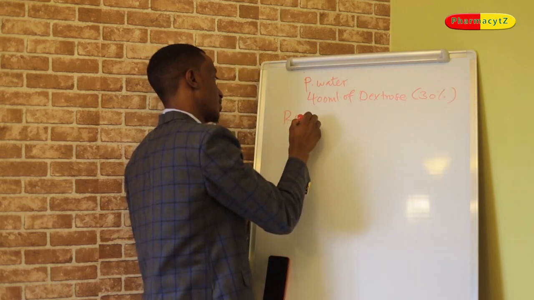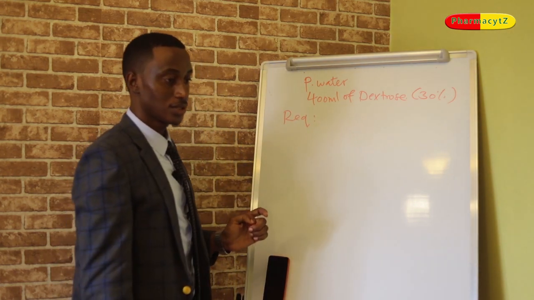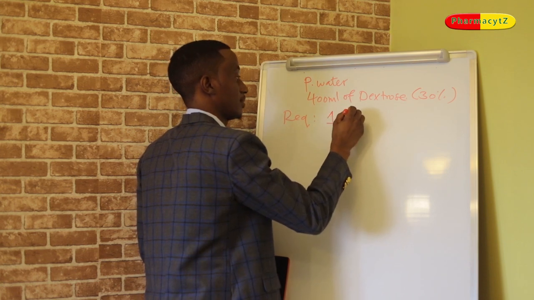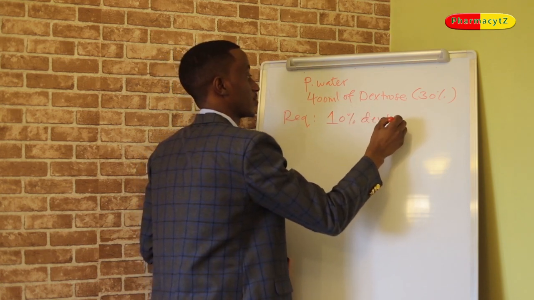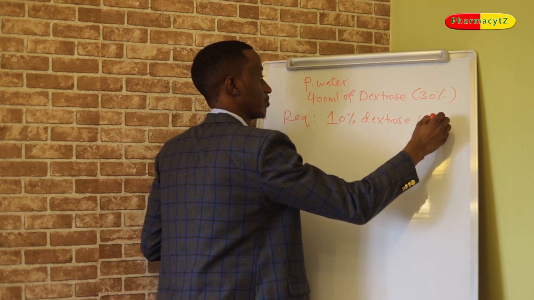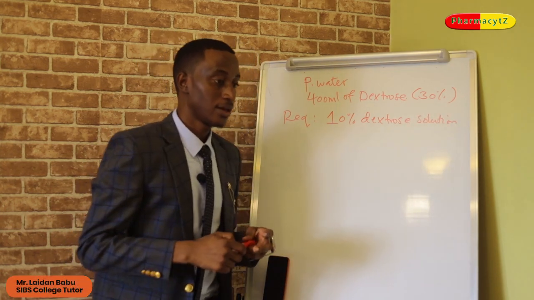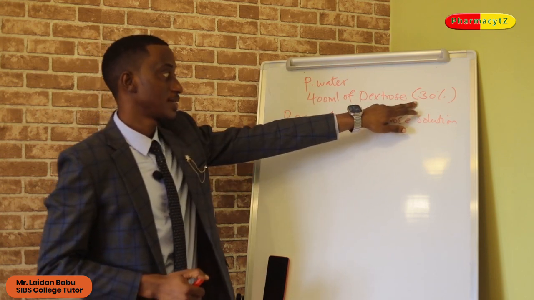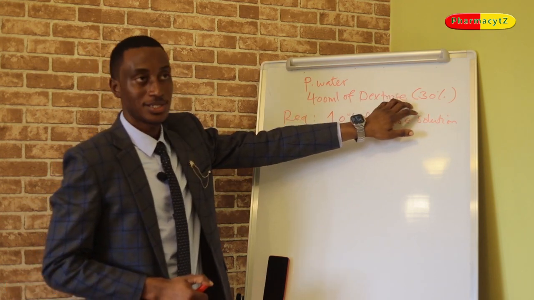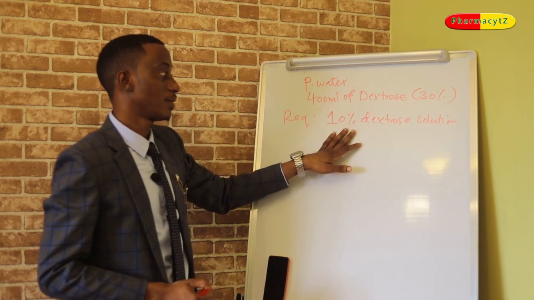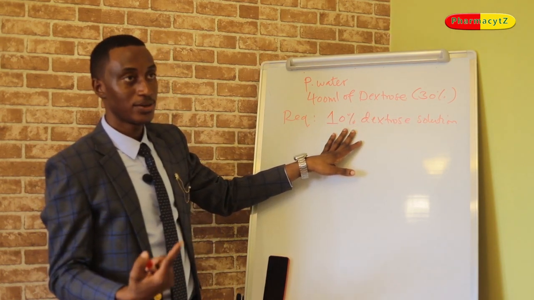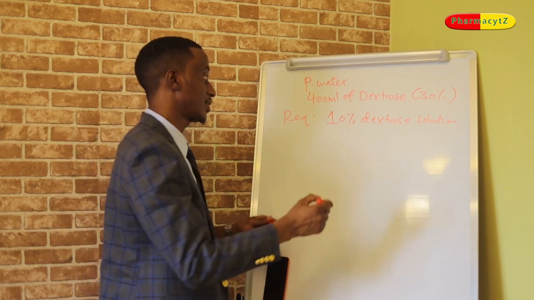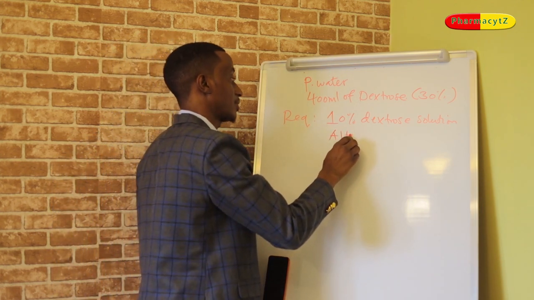The required amount is to prepare a 10% dextrose solution. So if in stock we have purified water and 400 mils of dextrose 30%, then we need to dilute dextrose from 30% to 10%. This is simple by using dilution law, but by using alligation, this is how it can be done. In fact, this is alligation alternate.